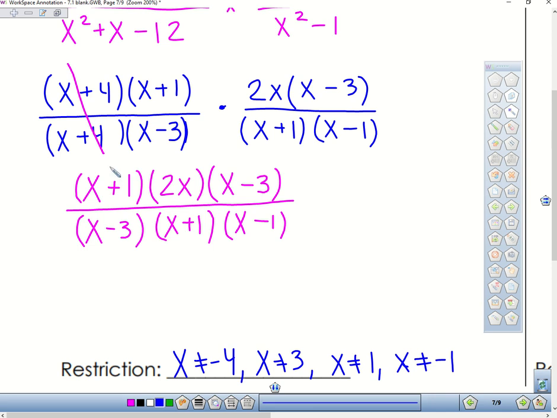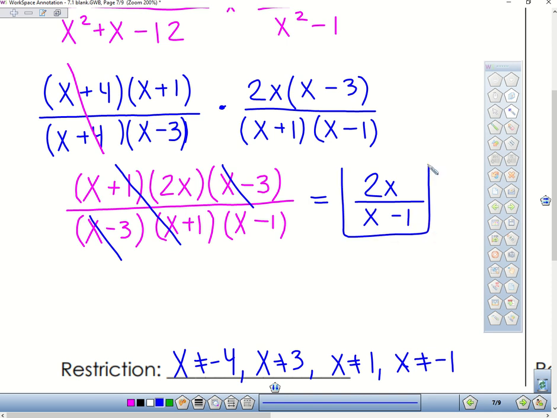And now we just cancel what we can cancel. So the x plus 1s can cancel, and the x minus 3s can cancel, which ultimately leaves me with 2x over x minus 1. That was not hard. No, it's not.